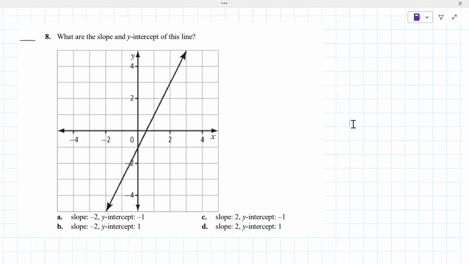Would it be C? Slope of 2, y-intercept of -1. I agree. All right, definitely got this down.